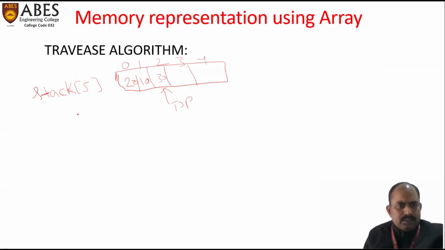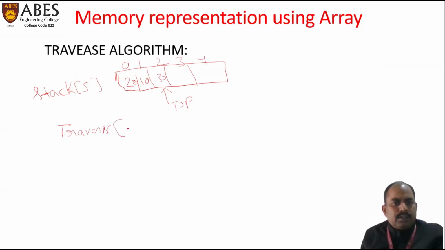Firstly, for the traverse operation, we have to take a stack data structure. Next step, we initialize the counter from 0 up to the top position. Firstly, we take a counter I equal to 0 because the stack starts at 0.